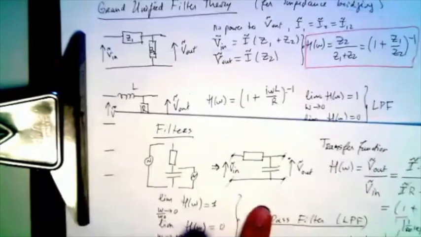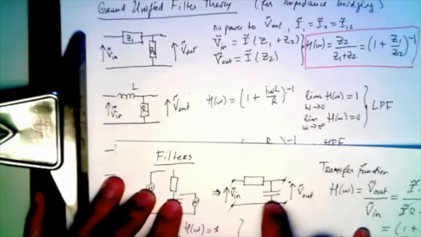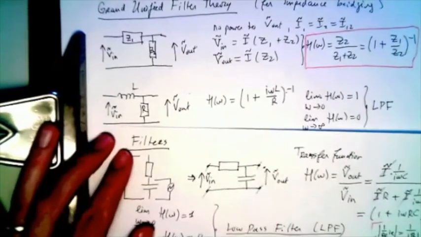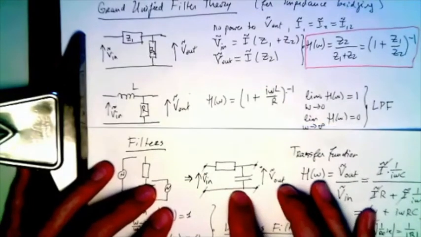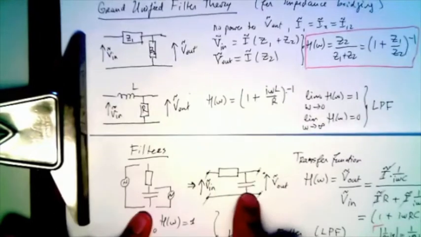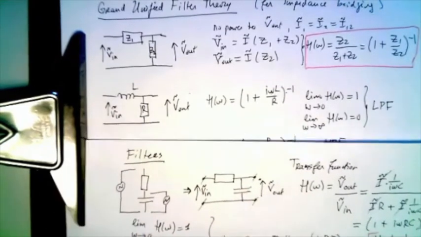And why is that? Well, it's the same thing that we were saying before. It's because the impedance of an inductor and the impedance of a capacitor have the exact opposite behavior. So the transfer function of this looks like the transfer function of this, because the inductor and the capacitor are inverted.